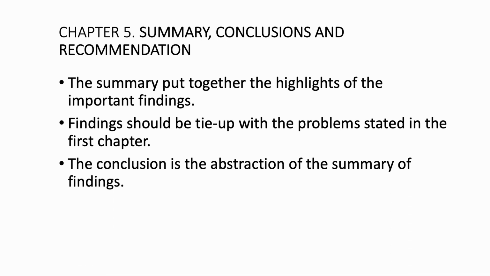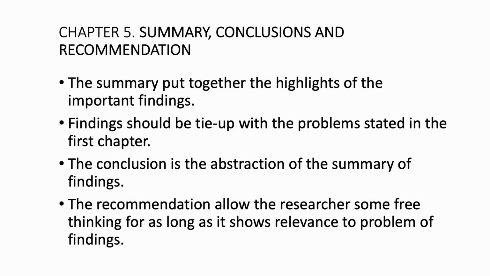And then of course, the conclusion is the abstraction of the summary of findings. And the recommendation allows the researcher some free thinking for as long as it shows relevance to the problem or findings. Do not forget this, because chapter 5 will revolve around these key concepts.